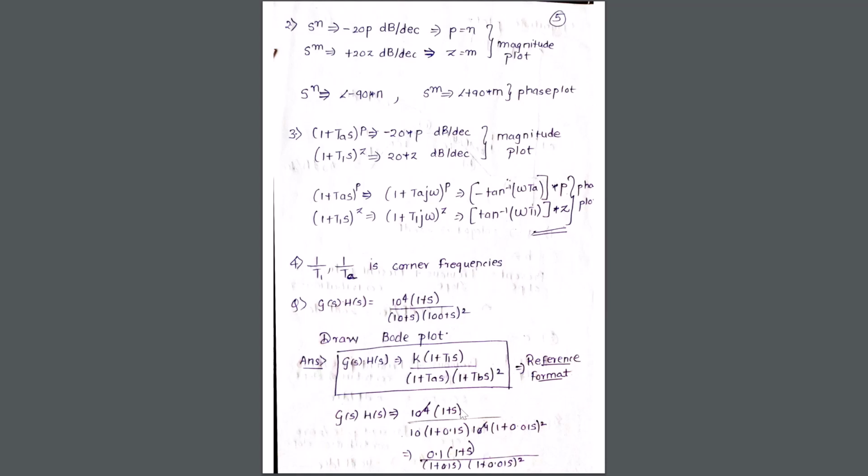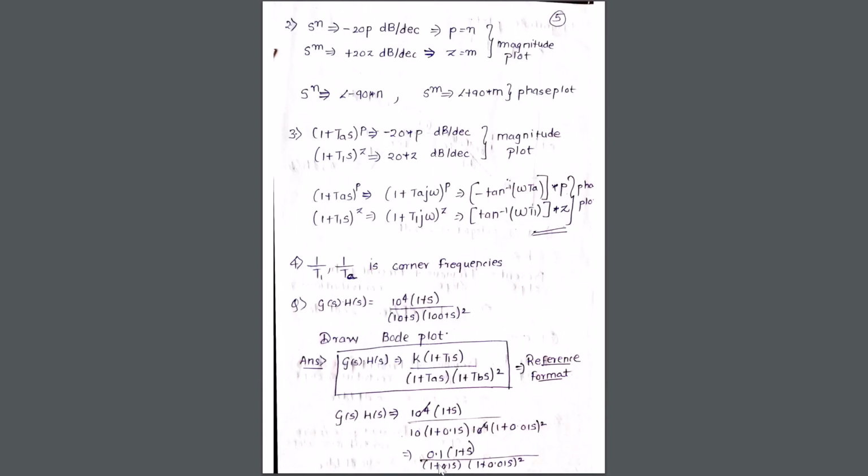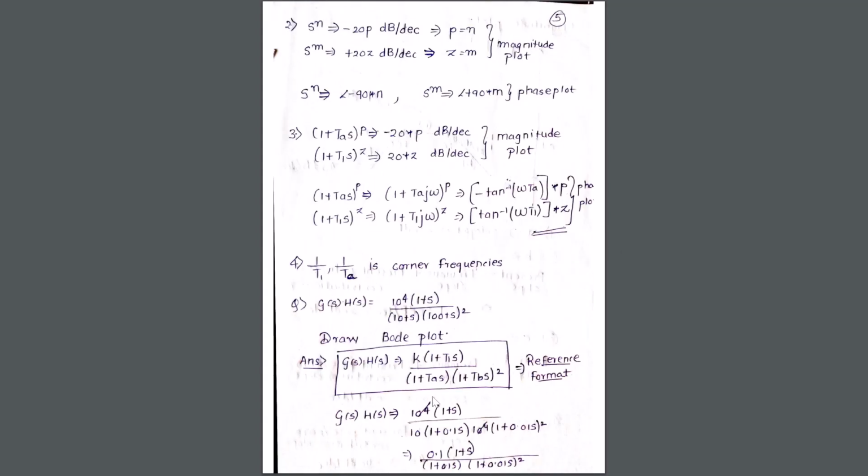That is, first apply 20 log of k. The value of k, if you refer to the standard format, is 0.1. Hence, it is minus 20. Then keep on applying this formula. I'll explain the formula again. Present slope is the slope that you can see on the graph for that particular curve. Previous is from the graph, and present is the one that is contributing from the question.